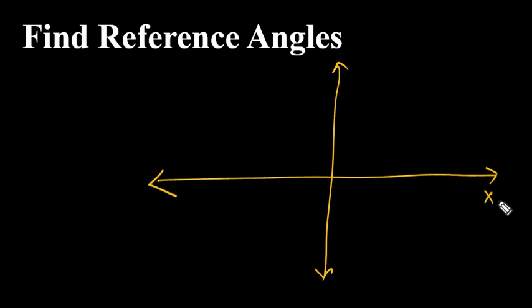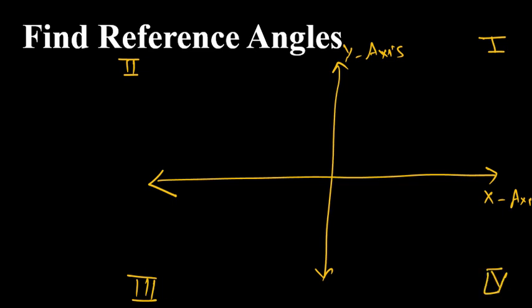So if this is your x-axis and this is your y-axis, then starting from the positive side of the y-axis, this is your quadrant 1, this is your quadrant 2, this is your quadrant 3, and finally we have quadrant 4, right? This here is 0 degree or 360 degree if you complete one rotation.